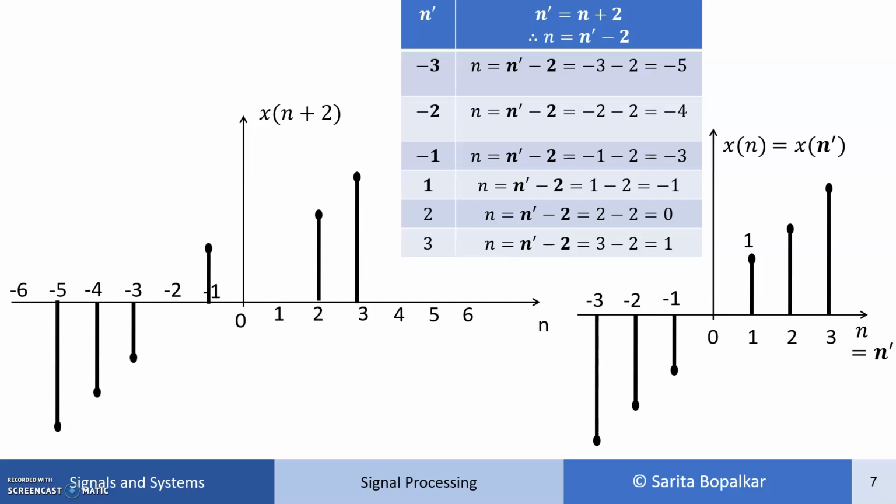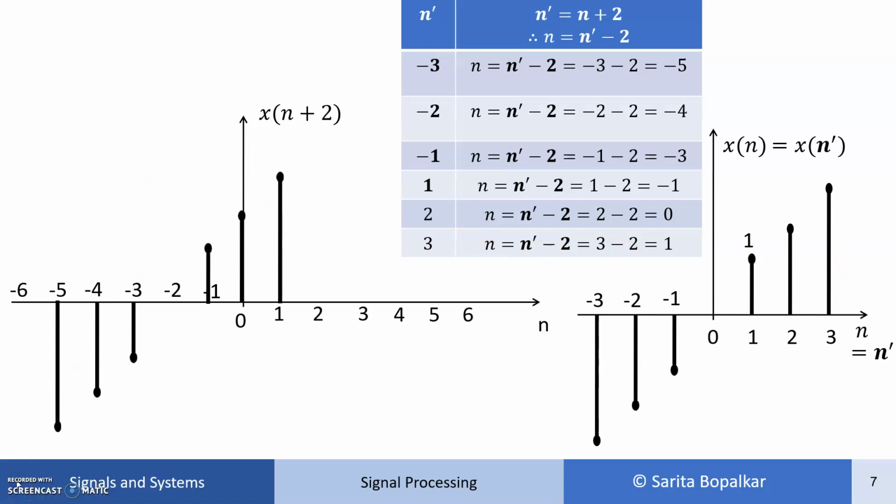Each sample will shift towards the left by 2 time units because we are advancing the signal by 2 time units, n plus 2. So this is the advanced version of our original signal, advanced by 2 time units.